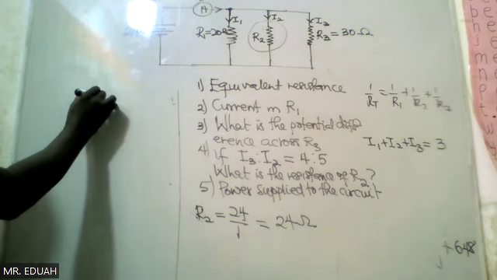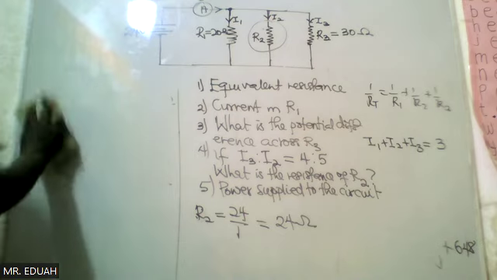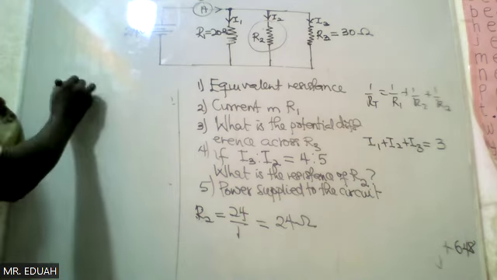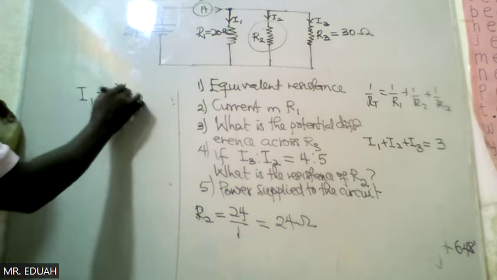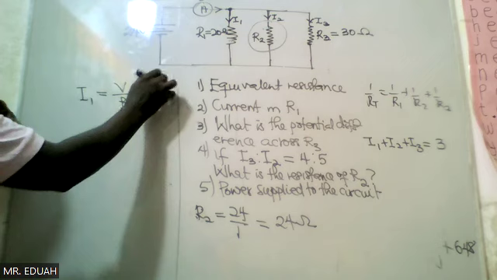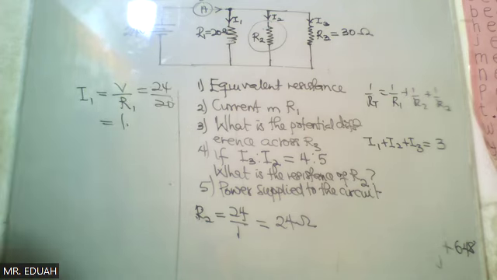Oh, the question is about the current, sorry. So I1 will be equal to V over R1. So 24 over 20, which will be 1 point what?